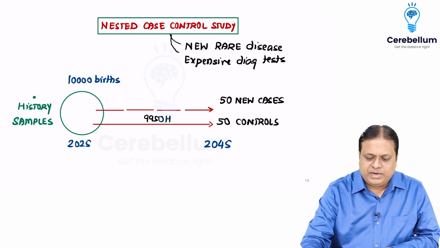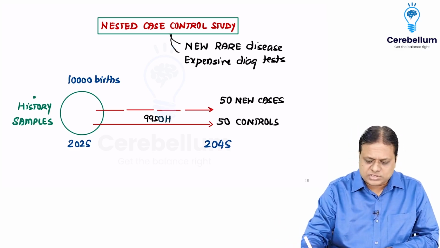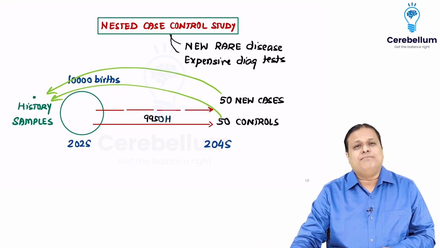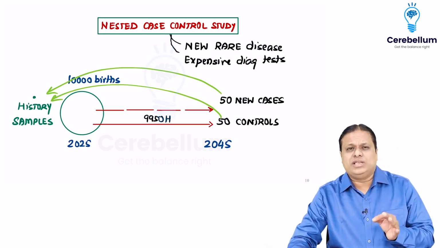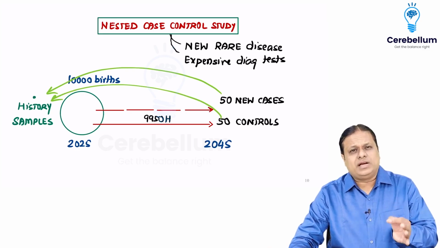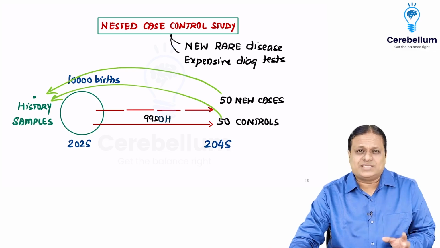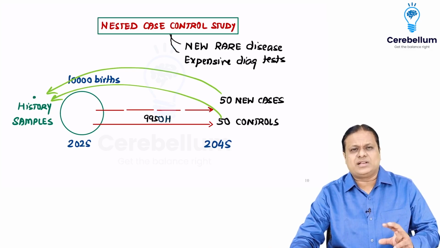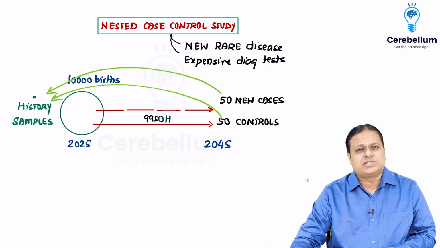Now you have material ready for a case control study. These 50 cases and controls, come back and compare history and do a case control study. If you find some difference in some history, make a table; an odds ratio more than 1 means that is the risk factor. If there is no difference in history, compare the samples; any parameter different in the samples between cases and controls could be a possible risk factor.